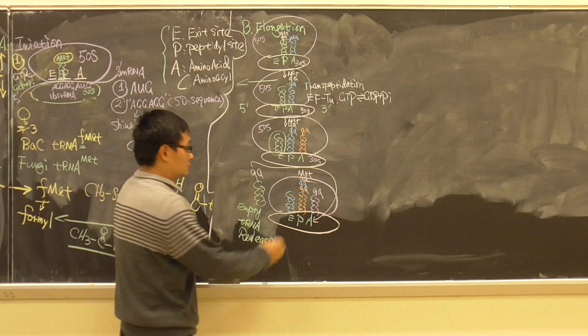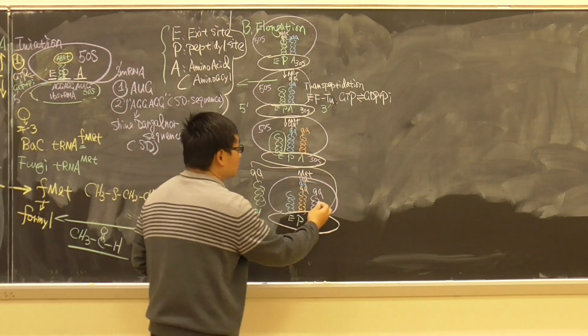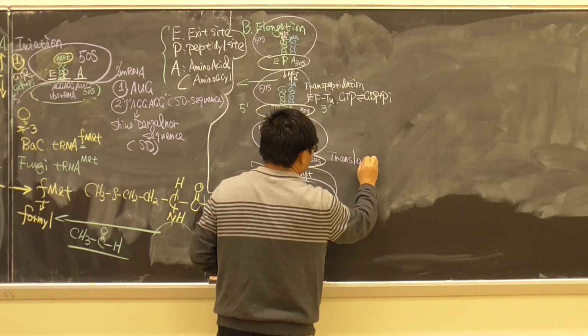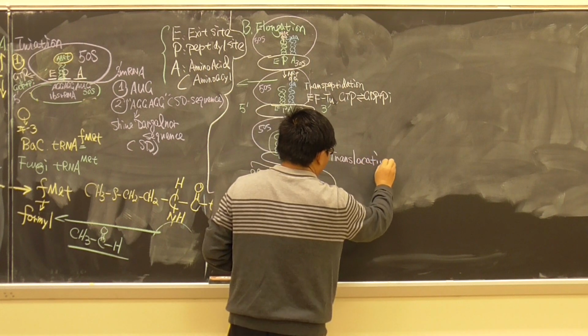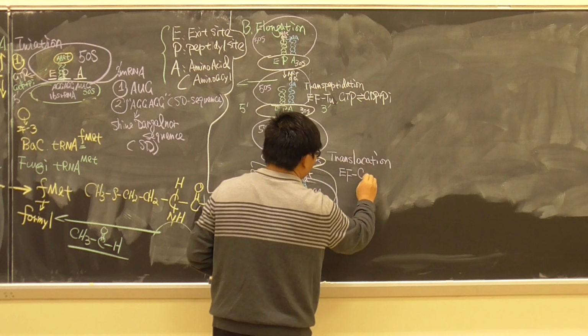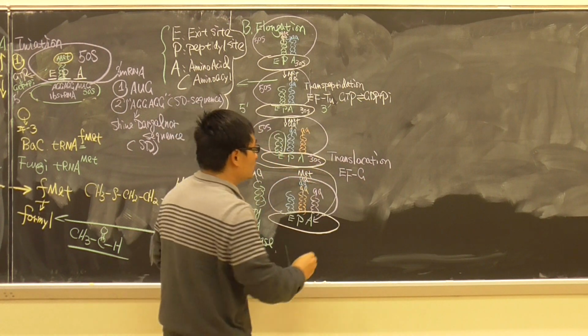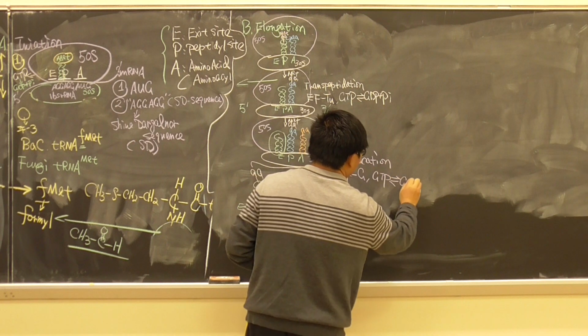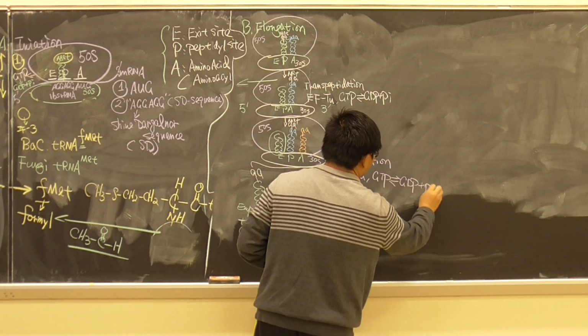Okay, this process we call translocation. This translocation needs EF-G, elongation factor G, and also needs GTP, hydrolyzed to become GDP and Pi.